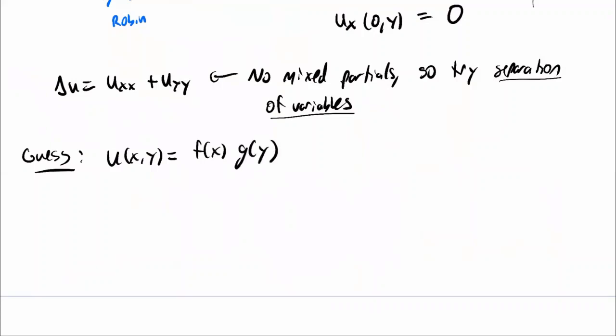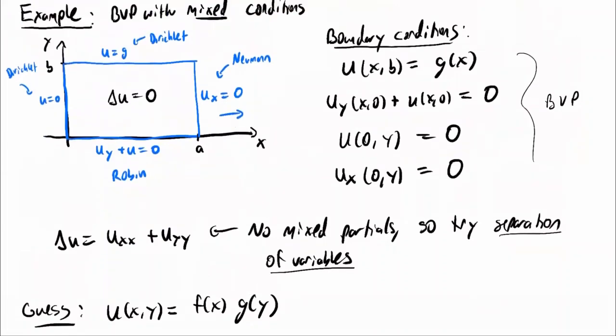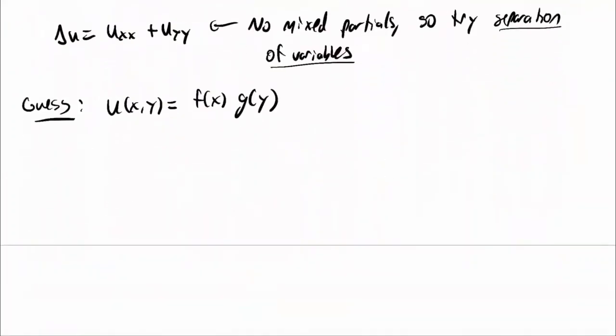So let's say u is f times g. Maybe to avoid confusion, let me change the g over here to an h. So instead, the Dirichlet condition is u is equal to h of x when y is equal to b. Okay, and so what happens if I have a solution of this form?